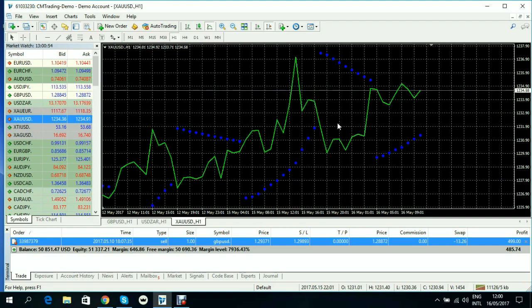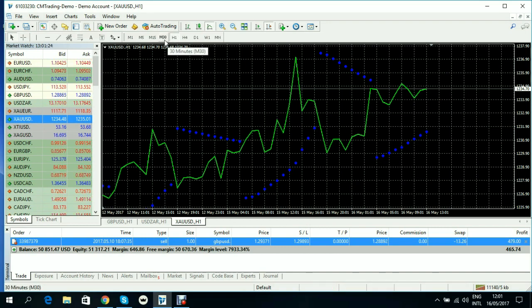Of course, that is a trader's priority. That is what a trader always wants to know. It is a good indicator for long term as well as short term.